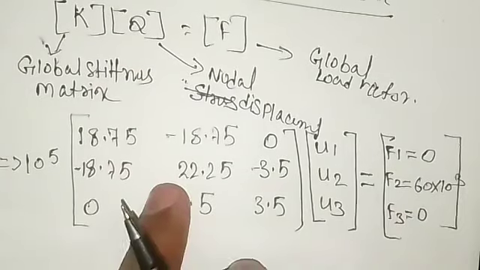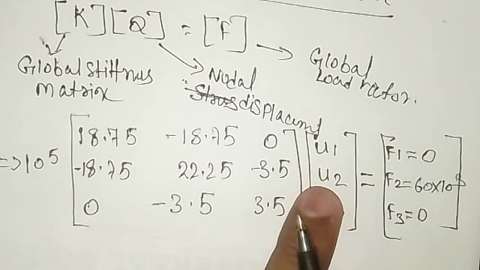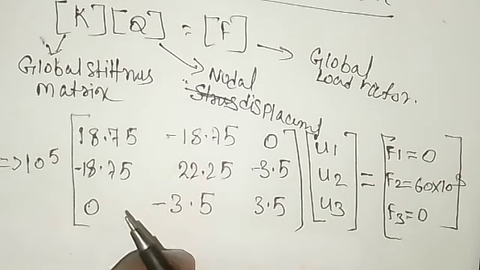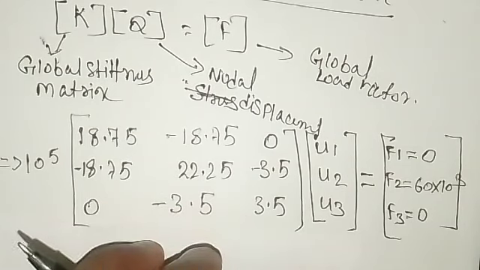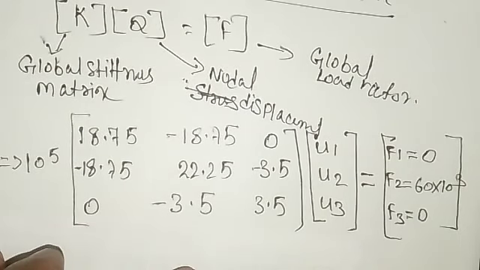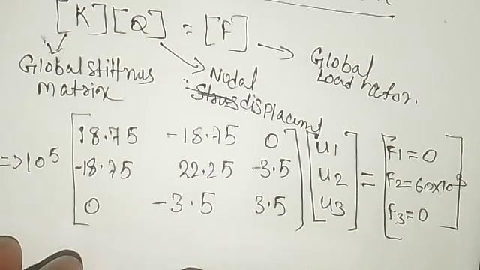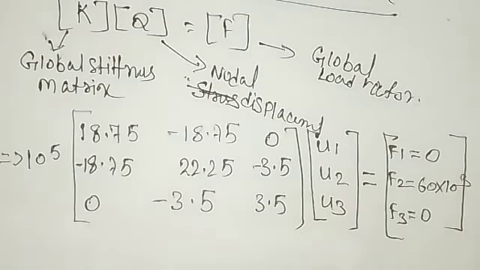Now in this equation we have to find out the nodal displacement, right? So again this problem can be solved by the elimination approach. Elimination approach means that we need to impose the boundary condition. We have to check at what point the nodes are fixed. At the point where the nodes are fixed, we don't have any nodal displacement, so we will take it as 0.